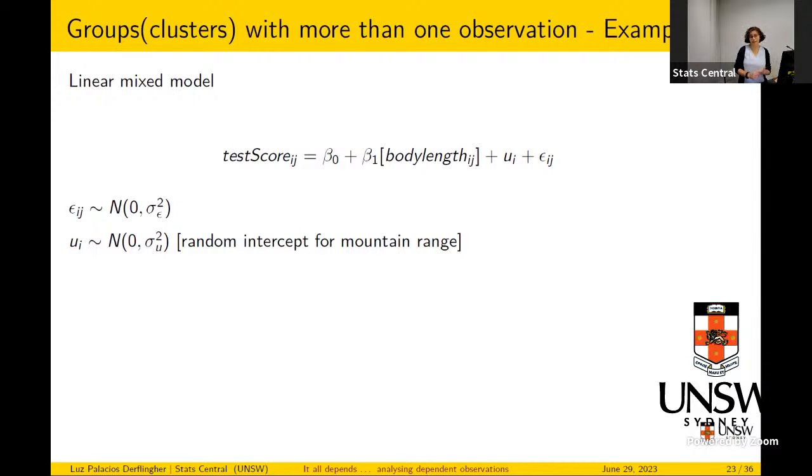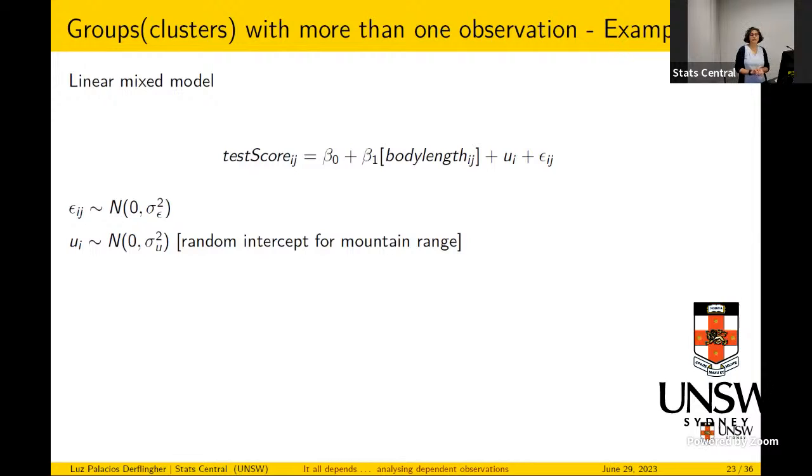So that's one reason. Another reason is we could assume that we have the 8 mountain ranges coming from a sample from a bigger population of mountain ranges, and we're only measuring that. So that's another reason that, well, we would like to do that.